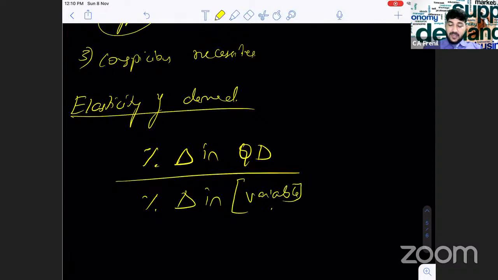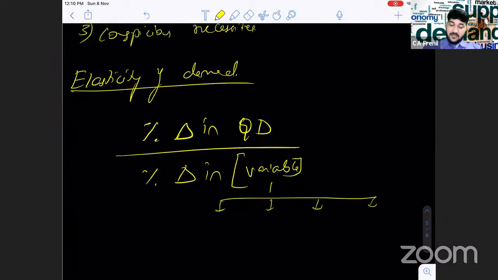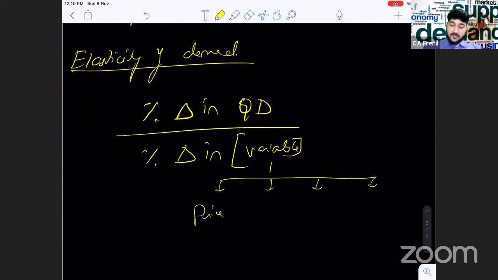Now this variable can be four things in our study. What are the four things? It could be price, it could be income, it could be cross, it could be advertisement expenditure. Correct? Yes, remember this. Remember the formula. See, I'm not going into the derivation of the formula and all.